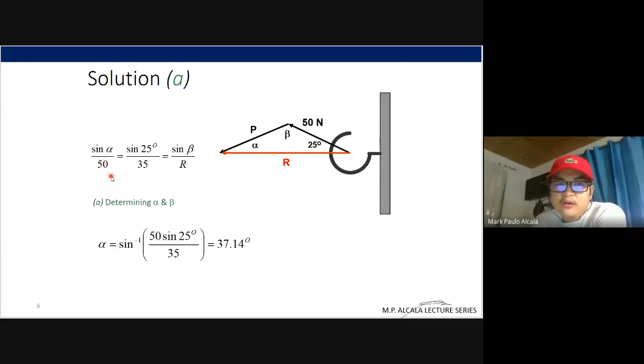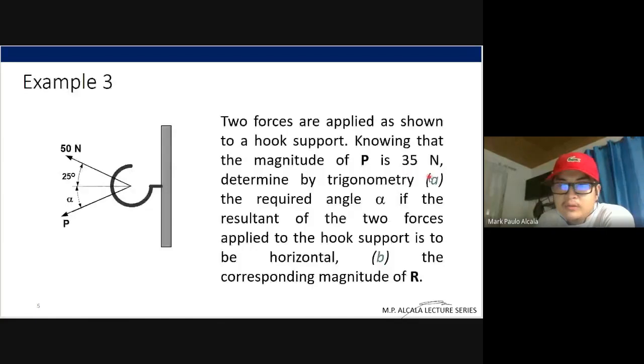So we can easily solve sine alpha over 50. This one, alpha, the opposite magnitude, 50 newtons. Sine 25 degrees, opposite the 25 degrees, is the value of P, which, a while ago, was 35 newtons. Let me, what's the highlighter?